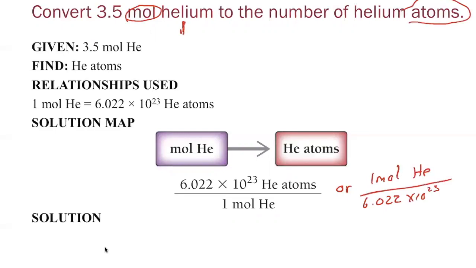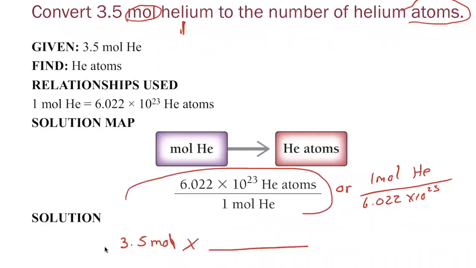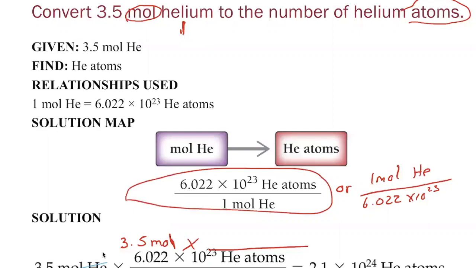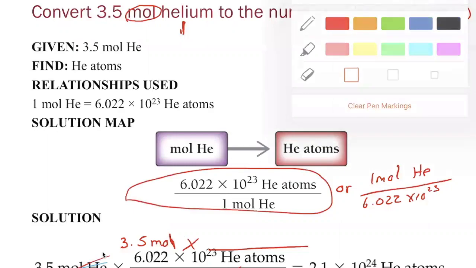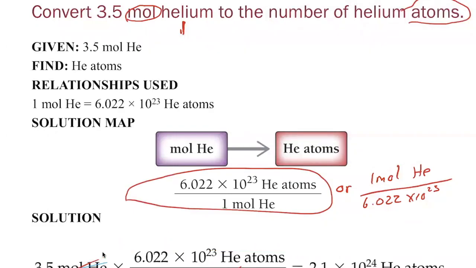Which one do you want to use? Well, you're going to start with what's given to you, 3.5 moles. You want moles at the bottom, so you're going to use the first one. And there you go. Notice that your moles and moles cancel, top and bottom, and the only unit that does not cancel is your desired unit.